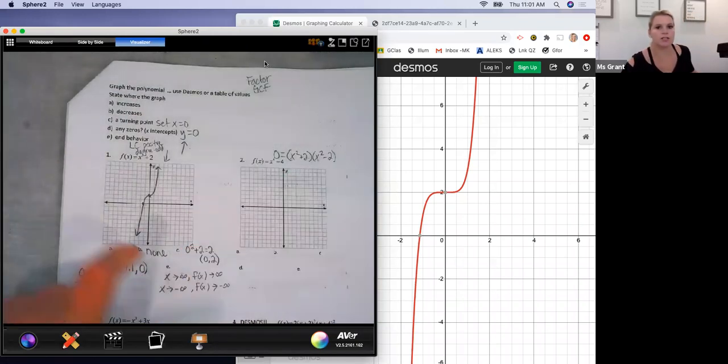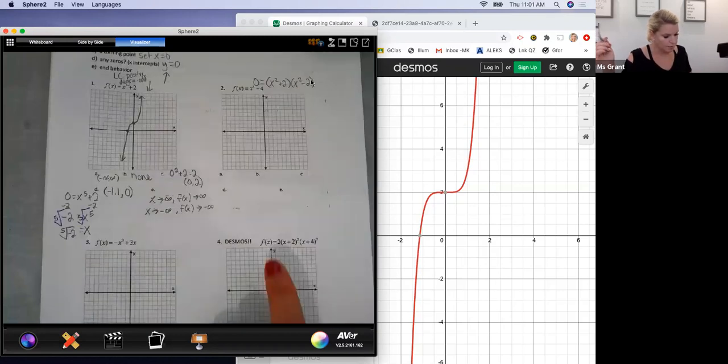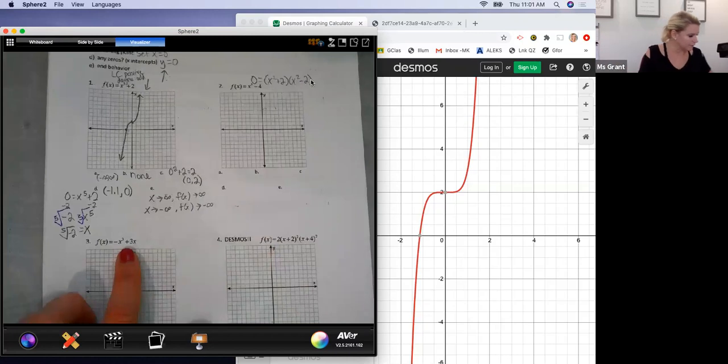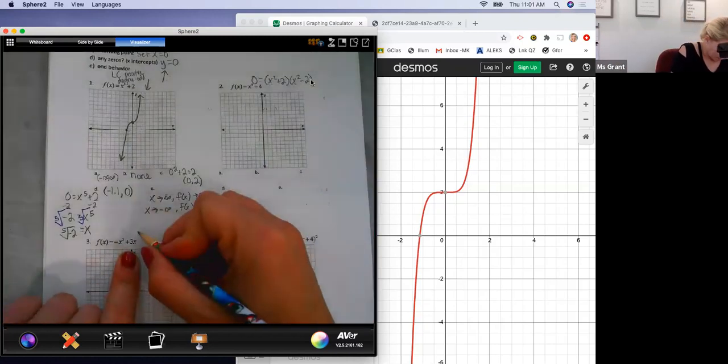So your job is to do A, B, C, D for all number 2, number 3, and number 4. Number 4 is nice because it's already factored, right? You can tell what your x-intercepts are going to be. Number 3, there's a GCF, negative x.